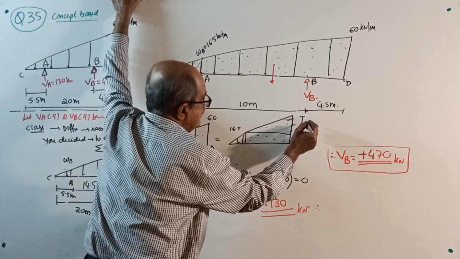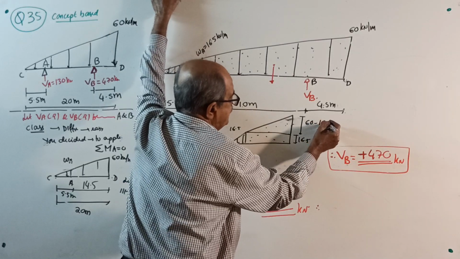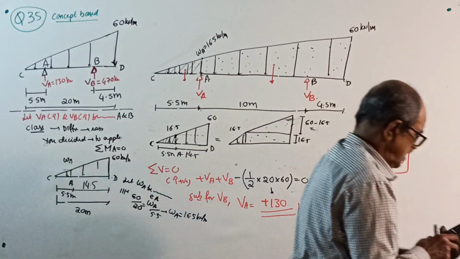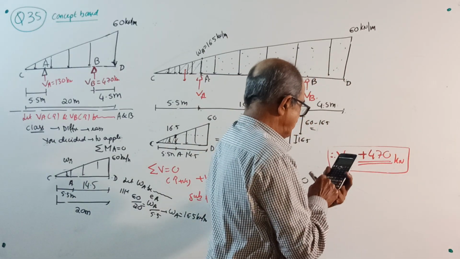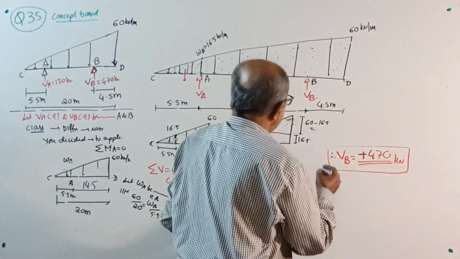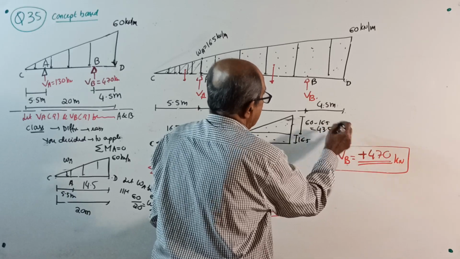This will be 60 minus 16.5. Nowadays, because of too much calculation, I lost my basic mathematical instinct of simple calculation, what to do. It is 43.5 kilonewton per meter.